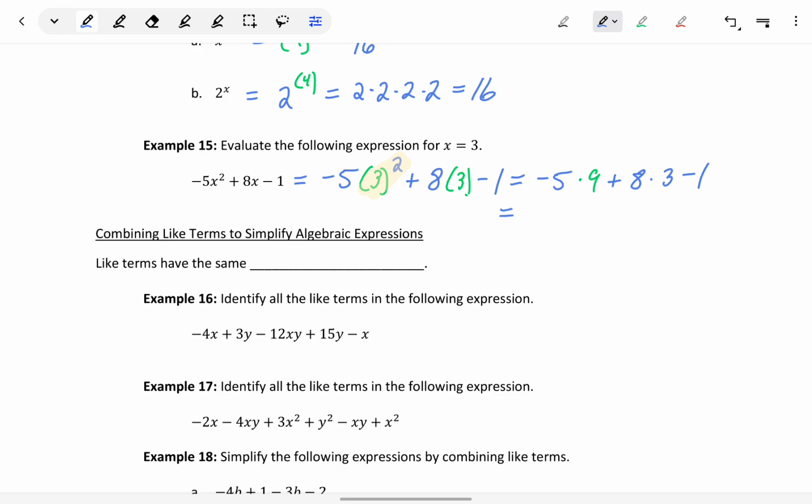Then next we'll take care of any multiplication and division steps. Negative 5 times 9 will give us negative 45, plus 8 times 3 will give us 24, minus 1. And then in our last step, we'll take care of addition from left to right. Negative 45 plus 24 minus 1 will give us negative 22.